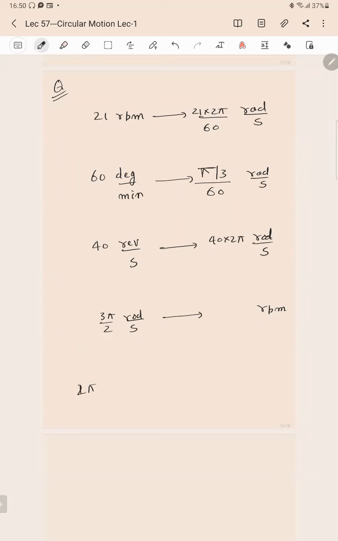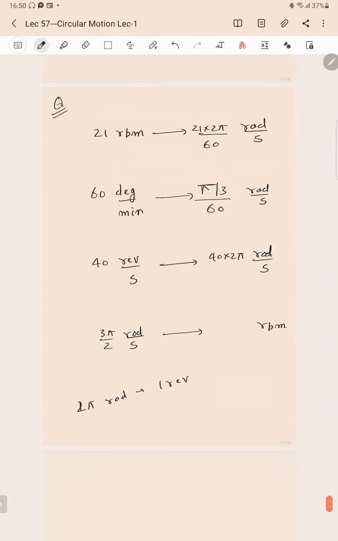So 2 pi radian is 1 revolution. It will be 3 pi by 2 by 2 pi, and you have written 4 pi at the bottom, which is perfectly okay. So it becomes 3 pi by 4 pi, and from second to minute conversion, 1 second will become 60 minutes. Perfect.